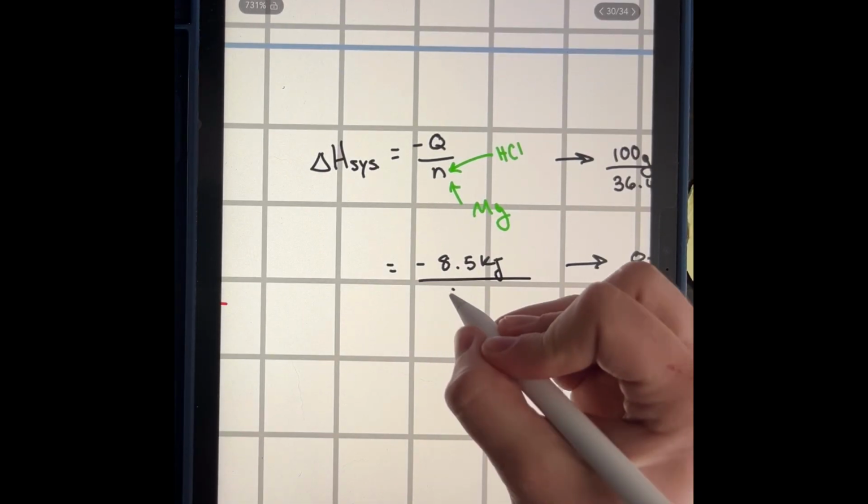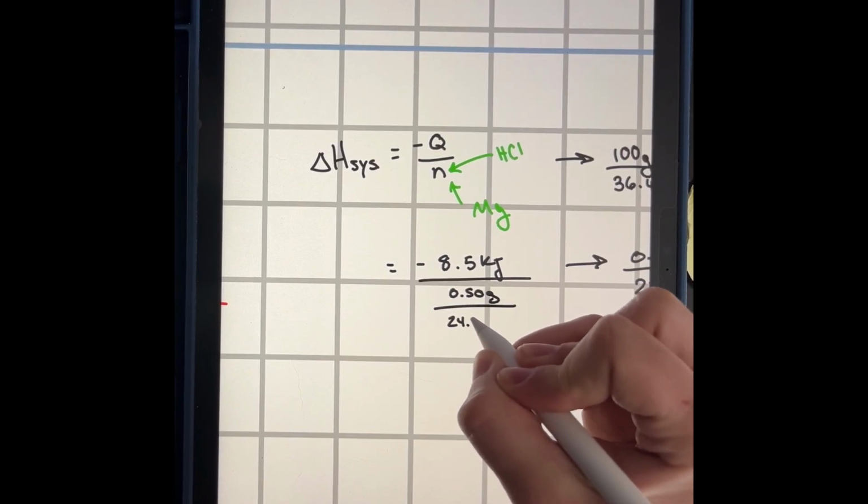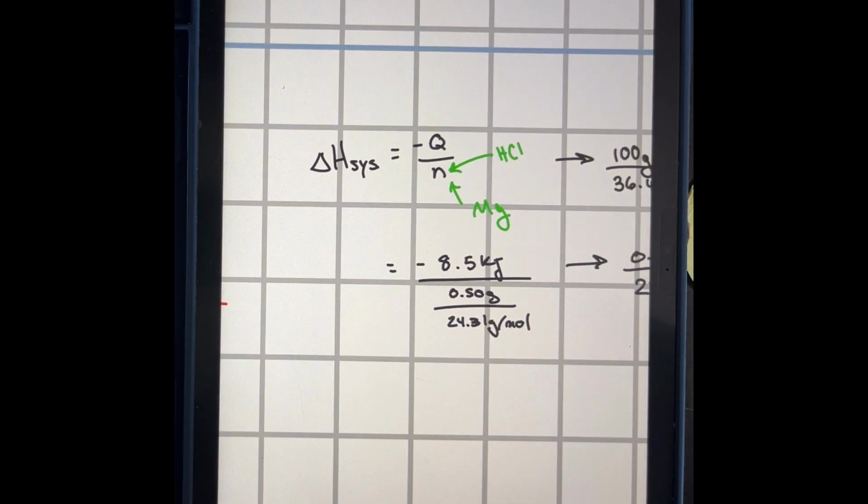So we'll have 0.50 grams over 24.31 grams per mole. Let's see what we get with 8.5.